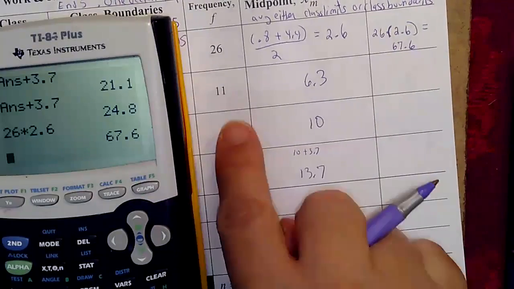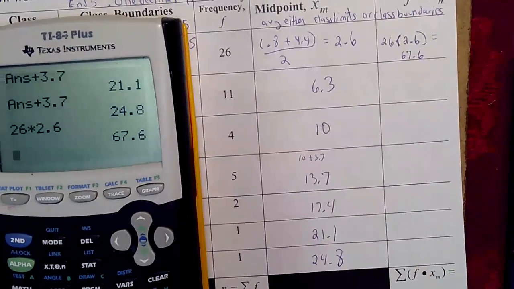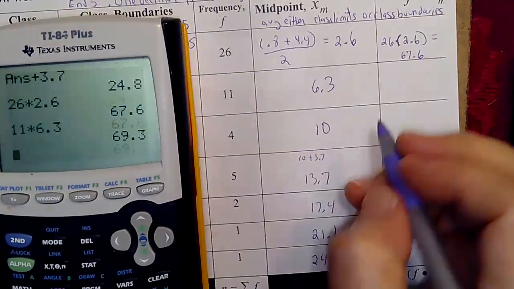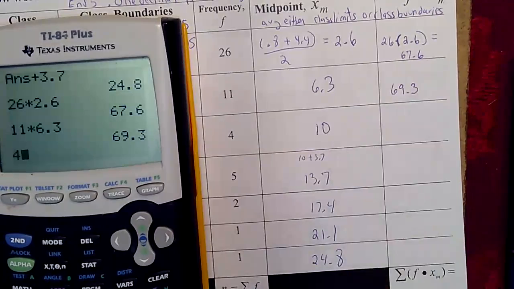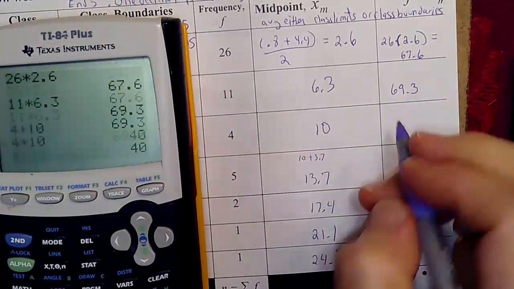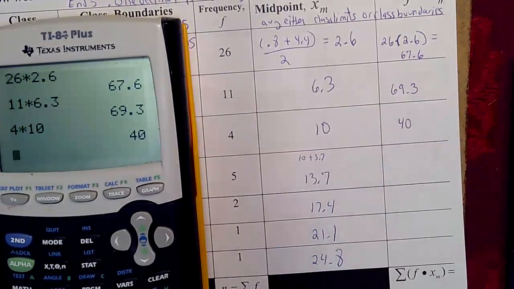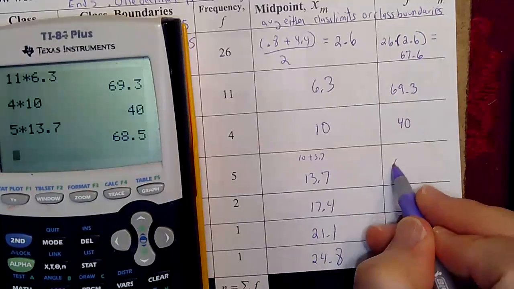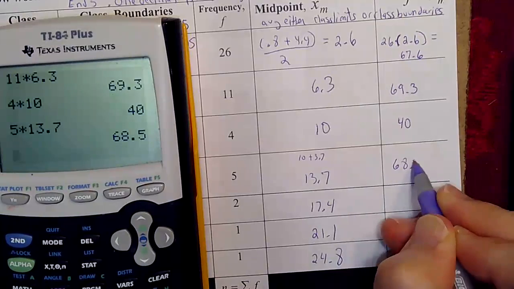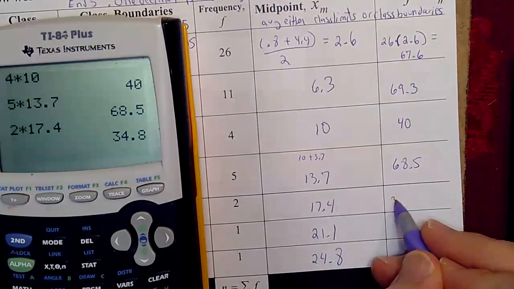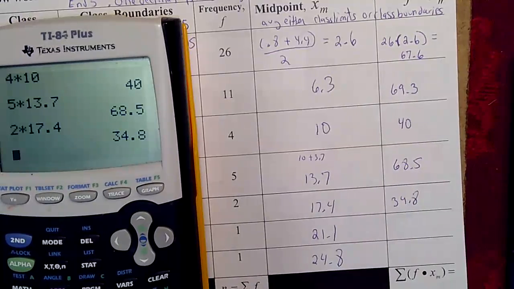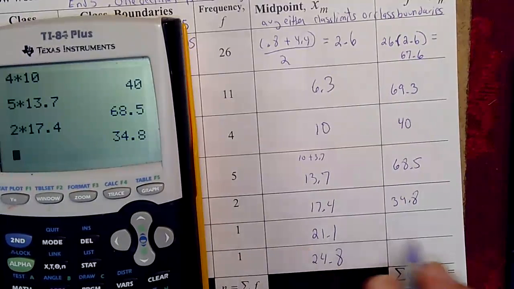So then here on the calculator, you just say, okay, I'm doing now 11 times 6.3, which is 69.3, and then 4 times 10, which is 40. 5 times 13.7, which is 68.5. 2 times 17.4 is 34.8. Oh, that's nice. 1 times anything is itself.